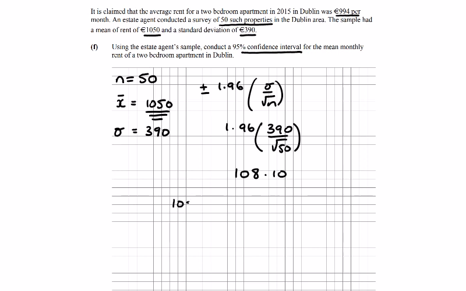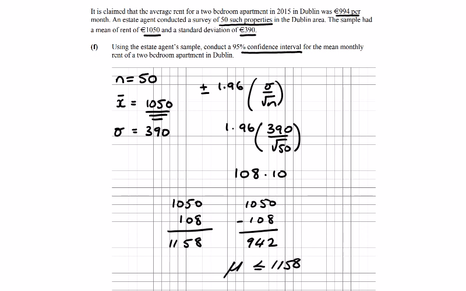So 1050 plus 108 and 1050 minus 108. That's going to give 1158, and this one will give 942. And we can see here that our range of values for mu will be between 1158 and 942. So the evidence is there to say that the rents of 994 are correct, as they fit inside this confidence interval.